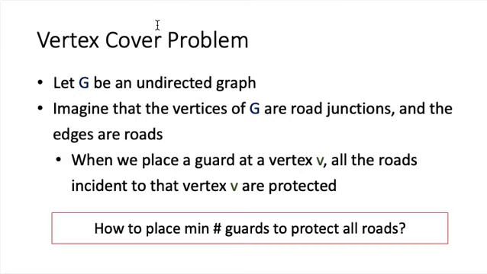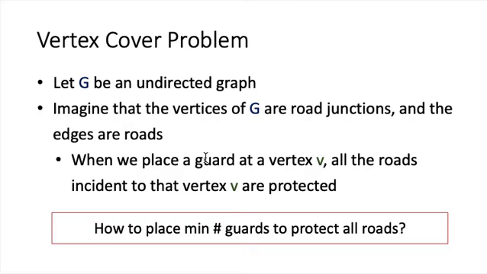For vertex cover, we assume that we have an input graph, let's call it G, which is an undirected graph. We can imagine that the vertices of G represent the road junctions and the edges are roads. Now consider placing a guard at the road junctions.